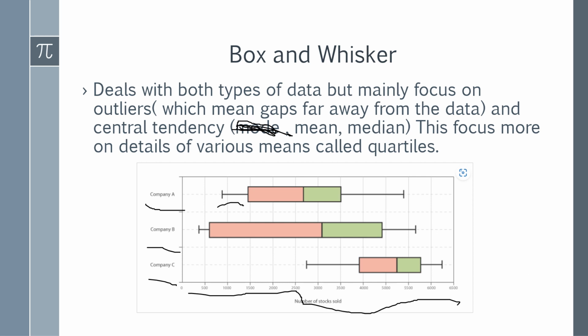But again, this focuses on quartiles, and also could be focused on the ranges too. Again, this has already been taught to you. I'm just going over this for you because when you do your project, you have to make sure that you talk about the graphs that you are using and why these graphs are appropriate for your project.